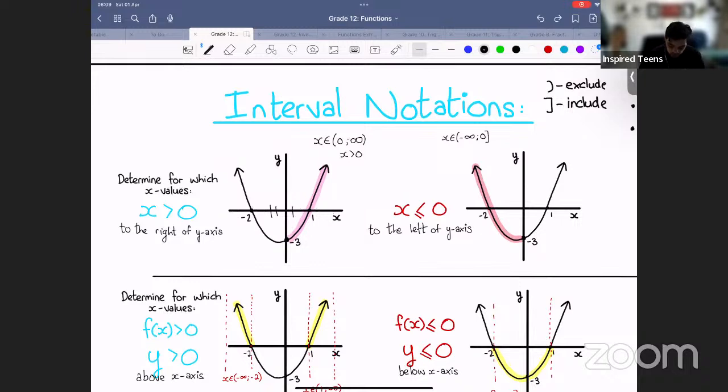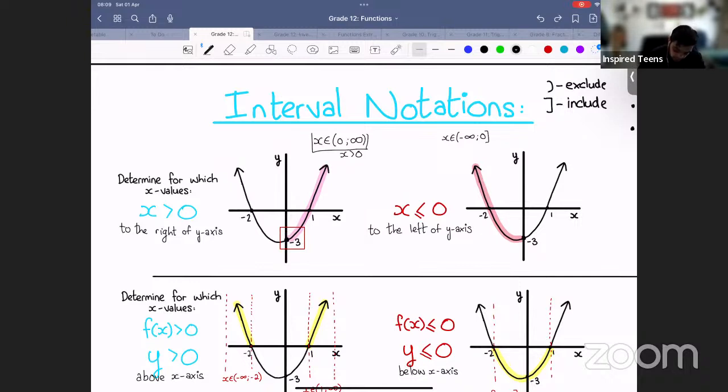So of course we always work from left to right. The starting point on this highlighted part of the graph is here. This is not -3. Remember we said we're looking at x values. That's actually x equal to 0 at that point. Just be careful. Then we can see that this is highlighted forever, right? This graph is going on forever up and forever to the right, so we know it's going to go to positive infinity.